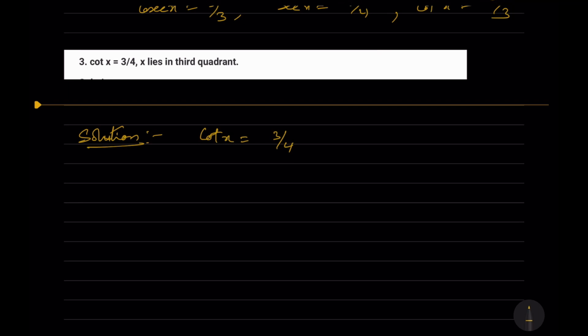Now all silver tea cups, when we are taking third quadrant, tan and cot will be positive over here. So you are having cot x is equal to 3 by 4. So from this we can write down tan x is equal to 1 by cot x, which is equal to 1 by 3 by 4, which is equal to 4 by 3.